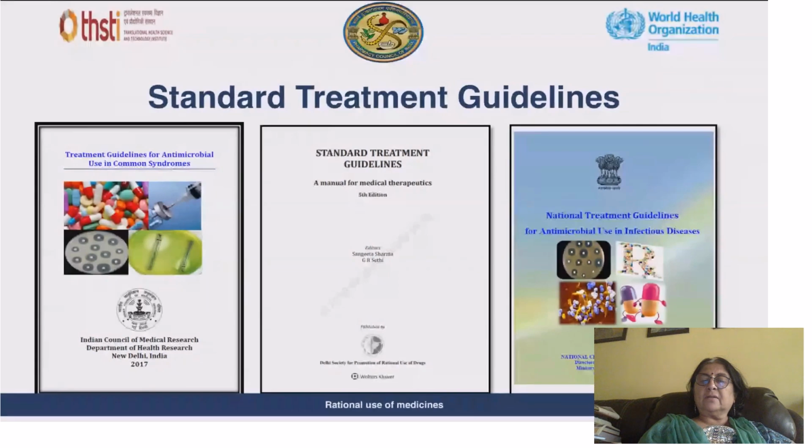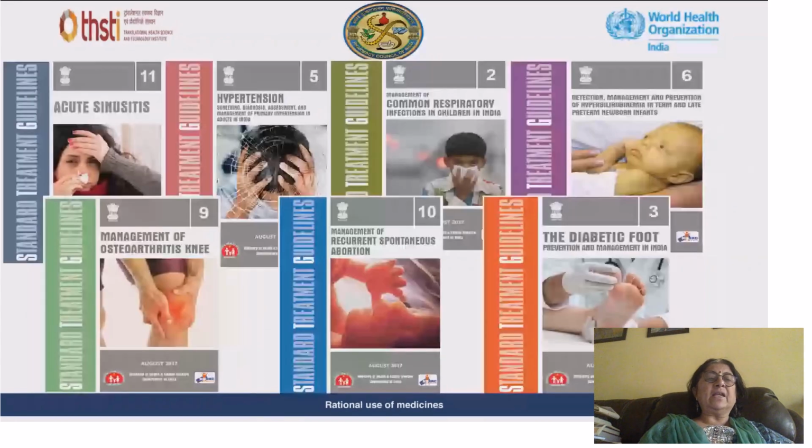I think this is the guidelines for antimicrobial use in infectious diseases. There are many others, and different guidelines for different diseases, for every disease. And actually, this should be based on what you use in your local facility. And that should give rise to the standard treatment guidelines, which will in turn give rise to the essential drug list.